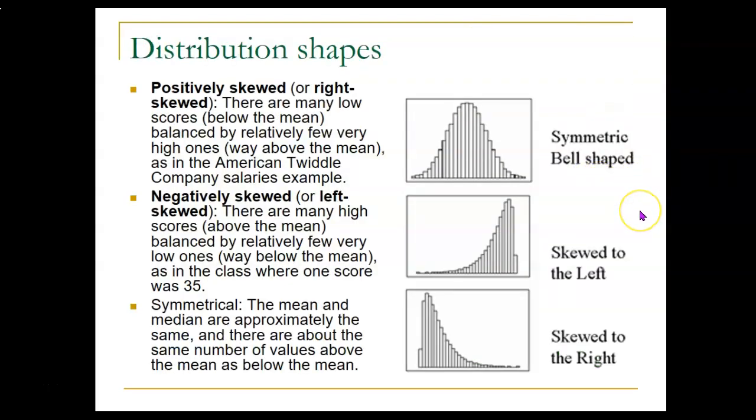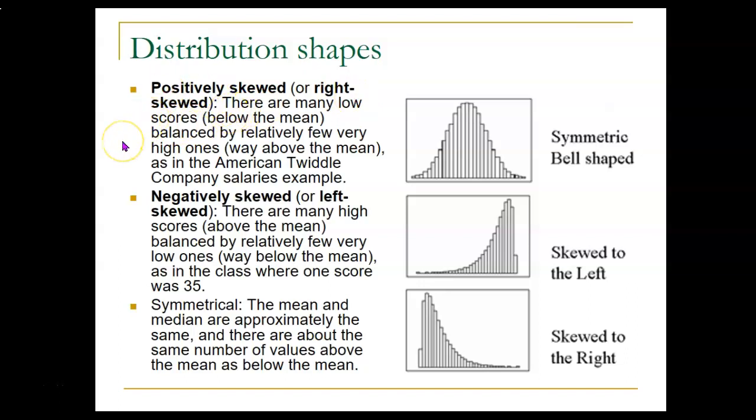One last thing to mention, I talked a little about distribution shapes when we were looking at histograms. Let me say something a little bit more now that we have started doing some calculations.